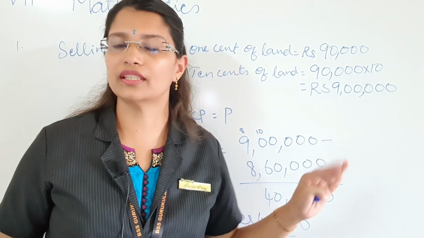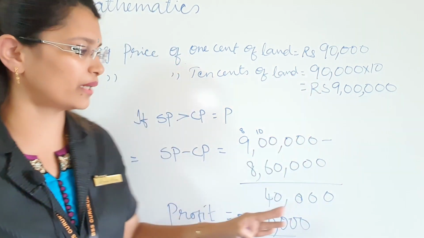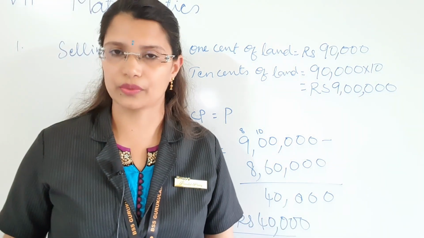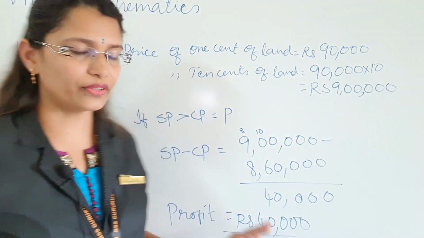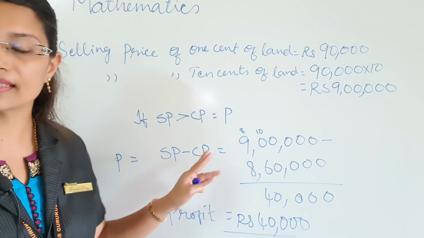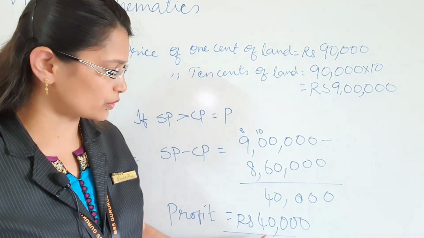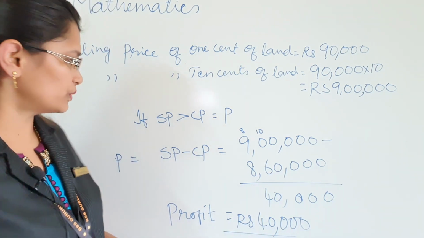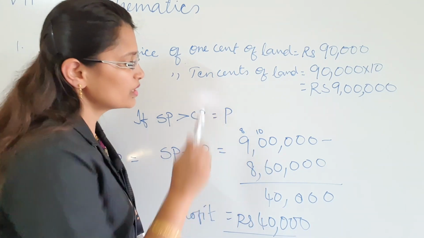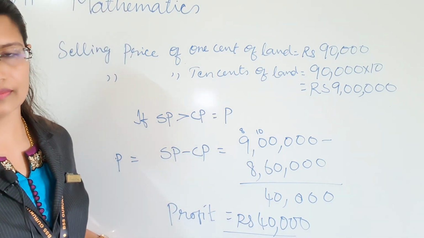So how to find out the difference between these two? 9 lakh minus 8 lakh 60,000 is equal to 40,000 rupees. Okay, so profit is equal to SP minus CP, that is selling price minus cost price, is equal to rupees 40,000. If SP is greater than CP, then this will be a profit.